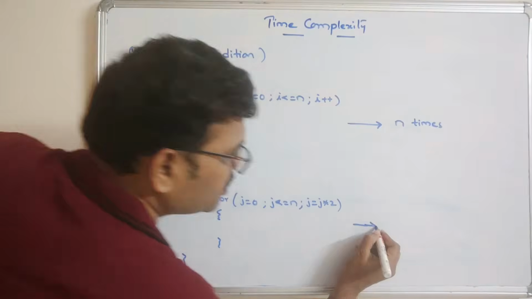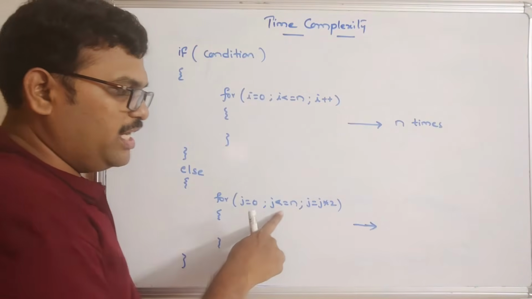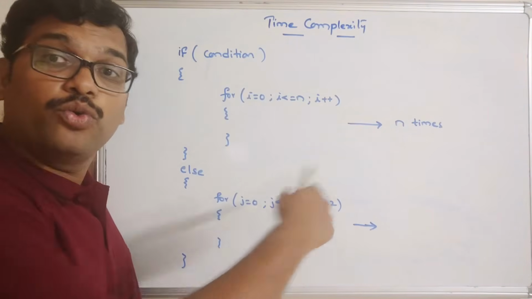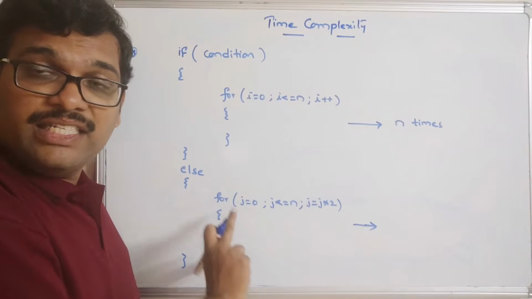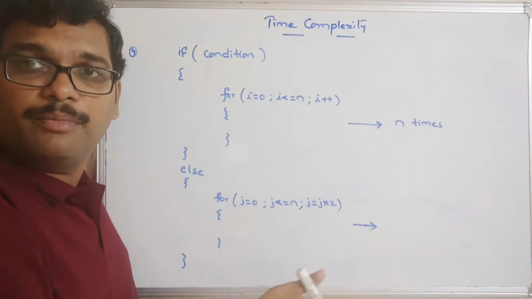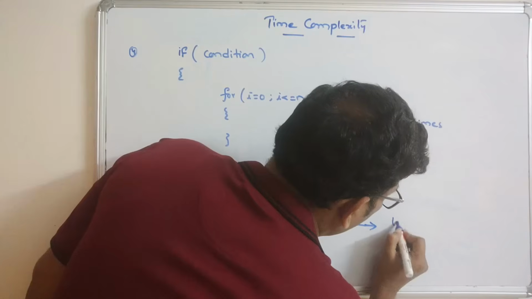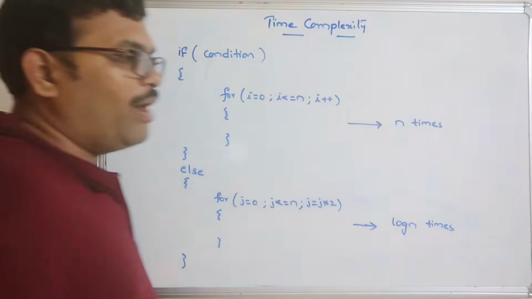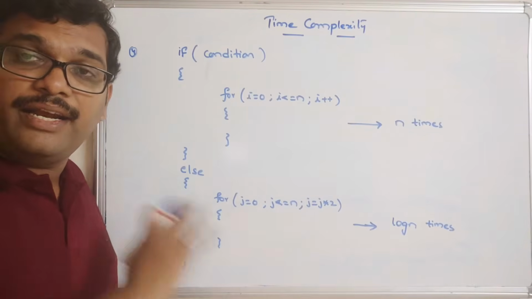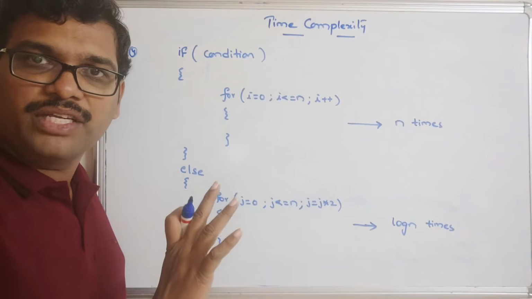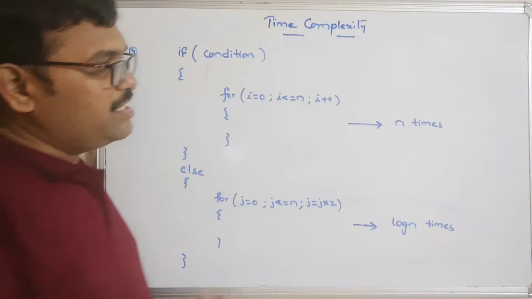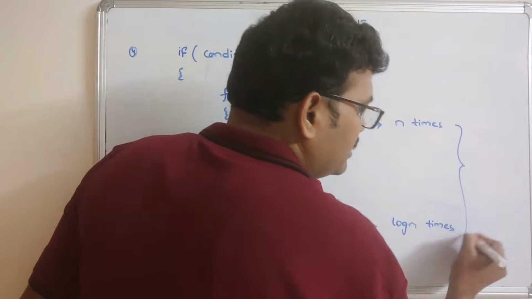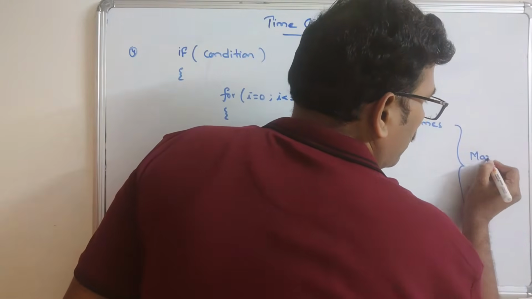What about the time complexity of this one? j is equal to 0, j less than or equal to n, j is equal to j into 2. Just now we saw a similar example which gives a logarithmic complexity, so that is log n times. So what do we have to consider? This is not iterative, so we should not multiply these two. This is a conditional statement, so we have to consider the maximum order.